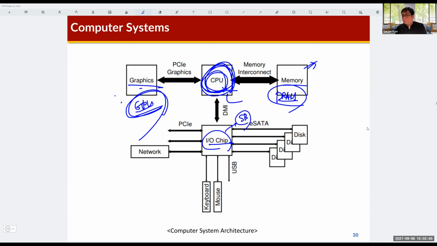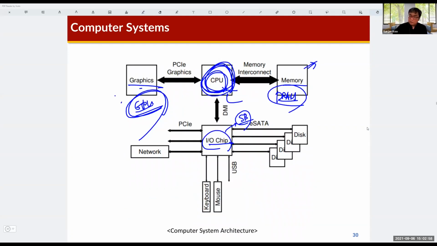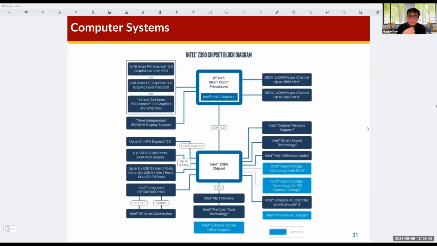It's a mainboard chip. So the I/O devices, network, and storage are connected via this I/O chip. So this is another system architectural view of the computer system. Then I brought this figure from the Intel mainboard document.